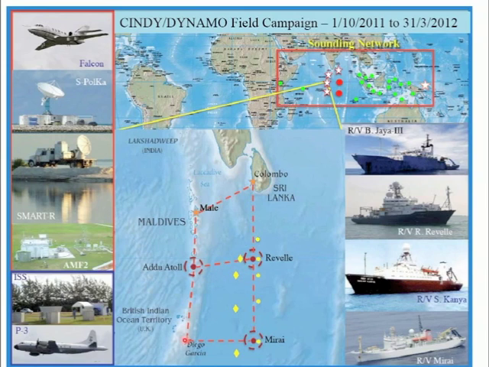The US Revelle was located in this area here on the equator, and the Japanese Mirai just south of the equator. Also, there was a deployment of moorings, the locations of which are shown with the yellow dots here.